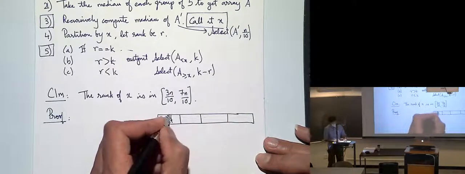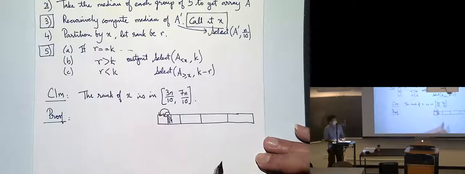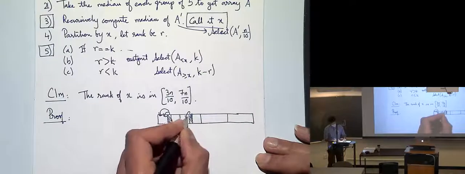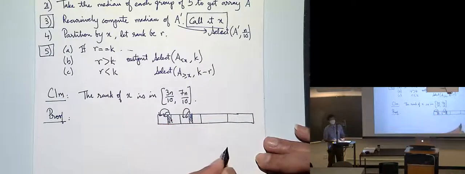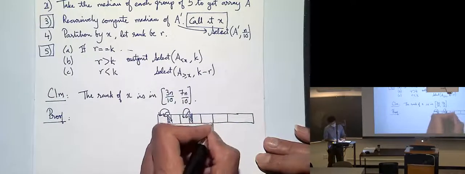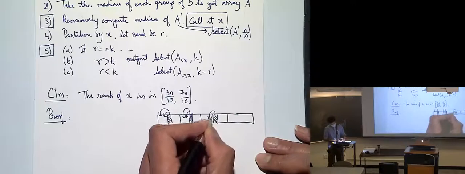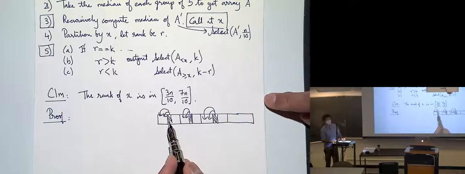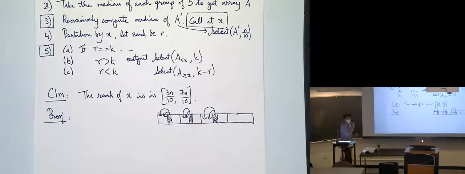So this element is bigger than both of these elements, and this element is bigger than both of these elements. This is bigger than both of these elements. So if x is bigger than the middle element, it's going to be bigger than 3 elements in that block.